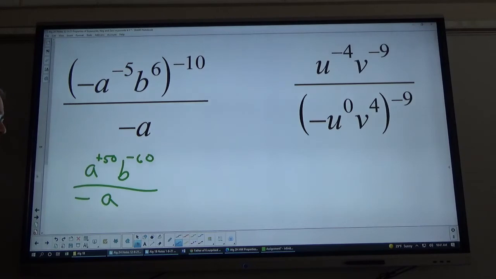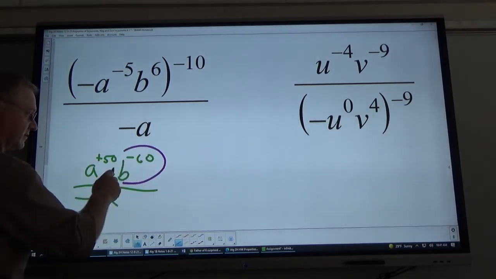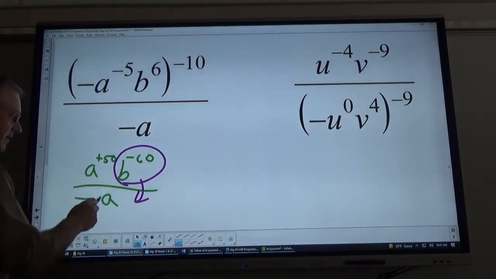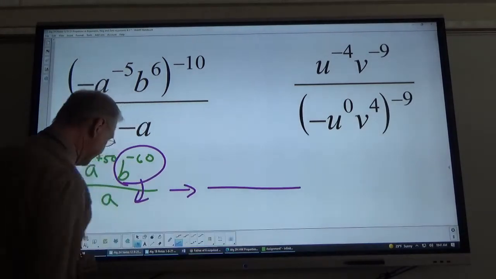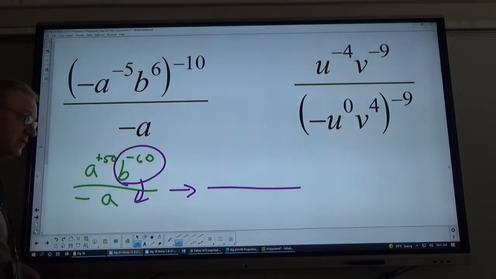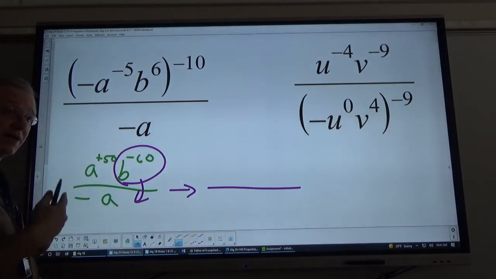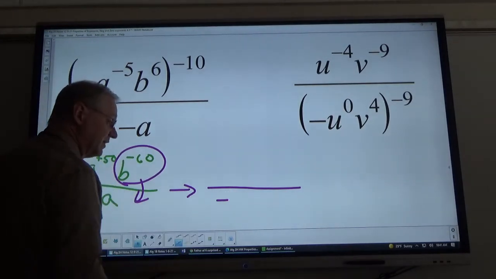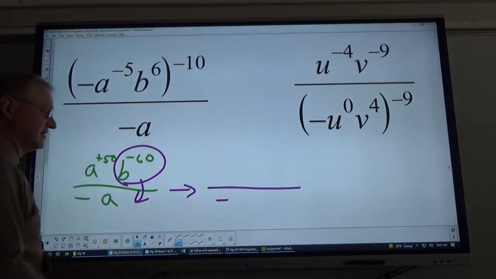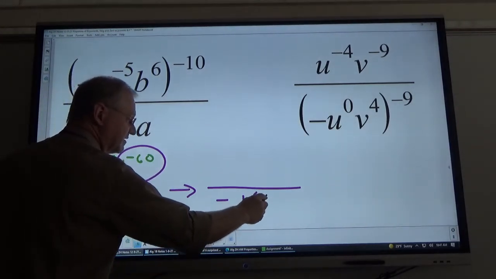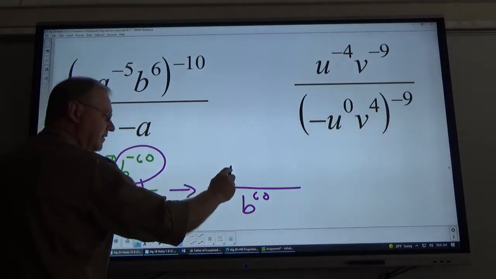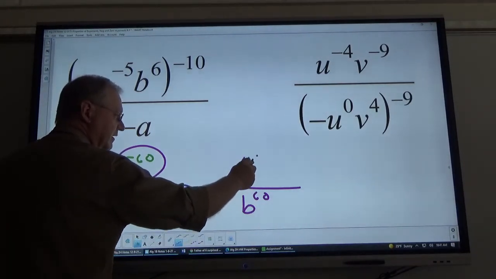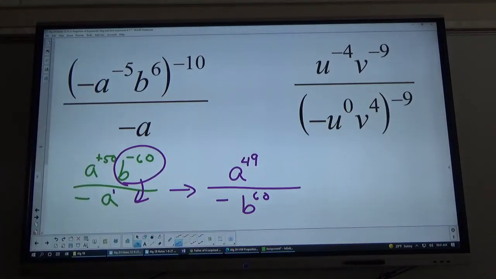Well, I'm going to move this down, and I'm going to reduce these two. Now that is a -1 coefficient. I can move that anywhere I want it, up or down. I'm just going to leave it where it is. I'm bringing this down, so that's b to the 60. And when I simplify this, 50 minus 1, a to the 49. And there's my final answer for that problem.